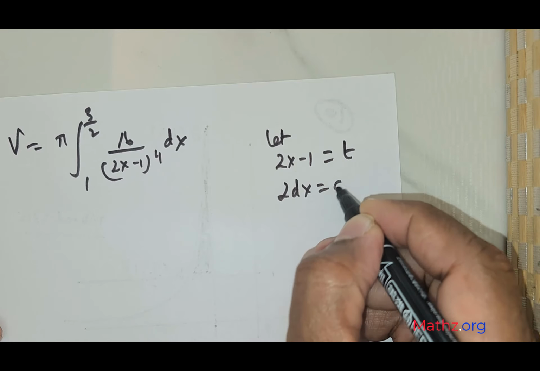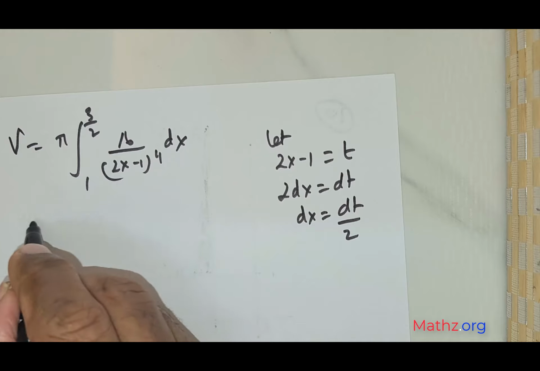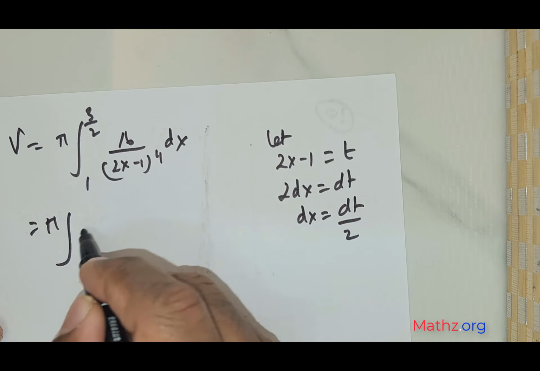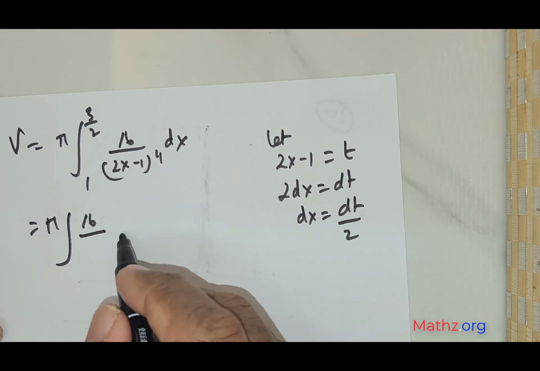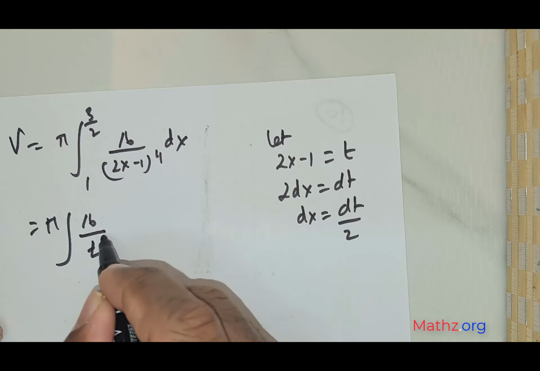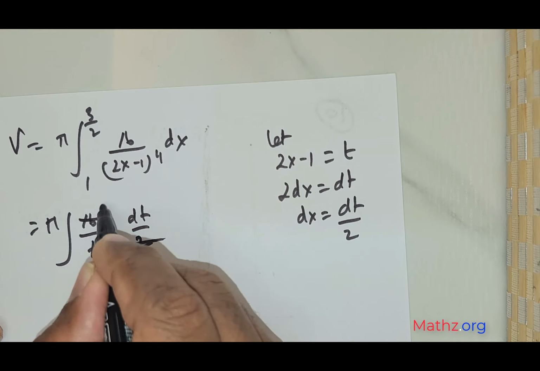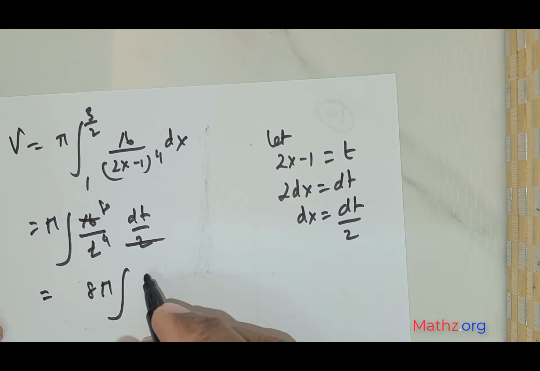So 2 times the dx is equal to dt. So dx is dt/2. This is equal to pi times, don't bother with the limits, just make the substitution. So 16/(2x-1), that's t raised to the power of 4. Dx is dt/2. 2 divides here 8 times. So I can rewrite this as 8 pi integral.